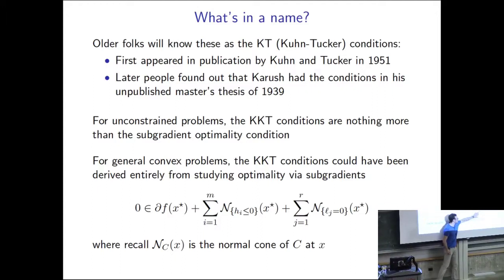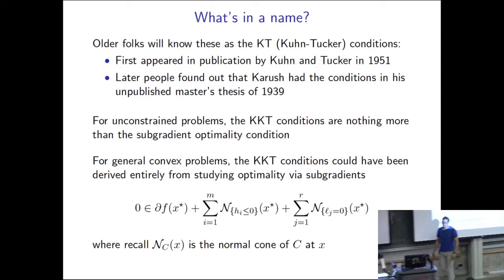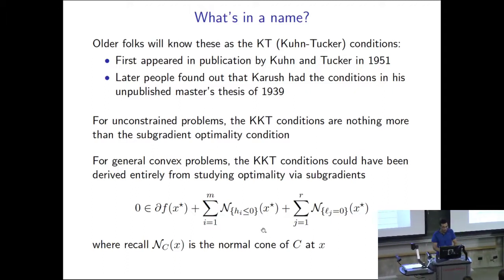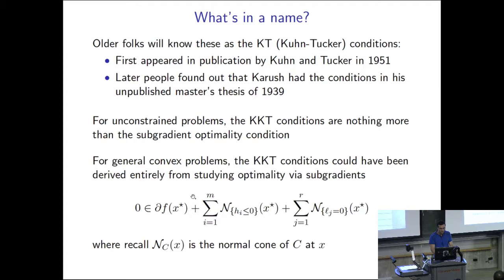And this is the normal cone for the equality constraints. And this is actually equivalent to the KKT conditions. So this is an alternative construction for the KKT conditions. I think it's much harder to view things this way. But for those who are interested in convex geometry or who want to read about this, we could also have arrived at the KKT conditions through this kind of argument. It's just not as clear.